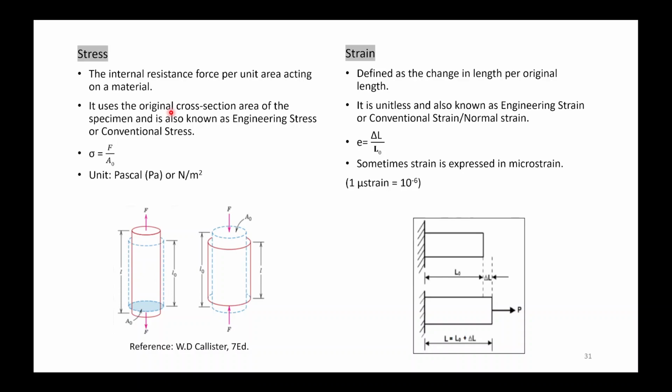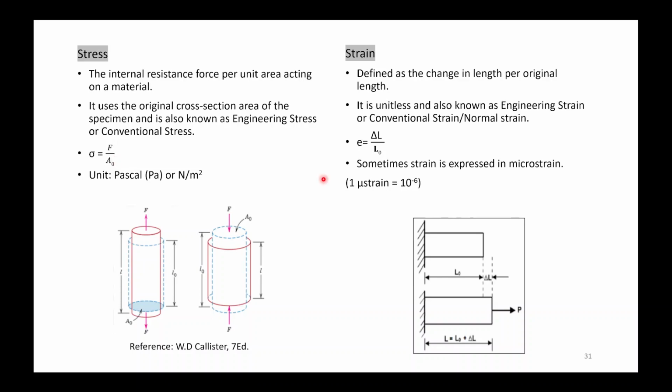It uses the original cross section area of a specimen and is also known as engineering stress or conventional stress. Its unit is Pascal or Newton per meter square.